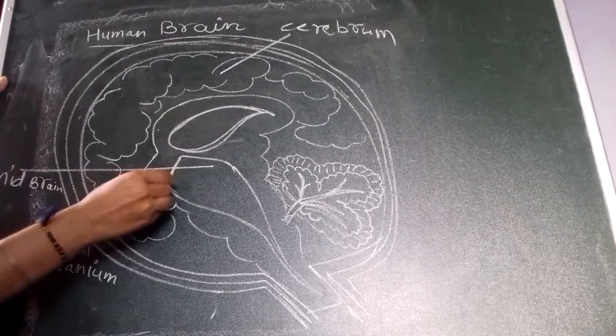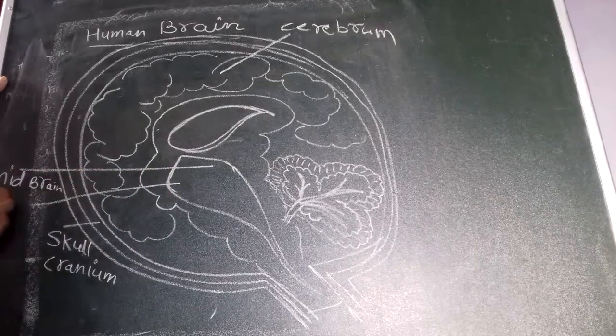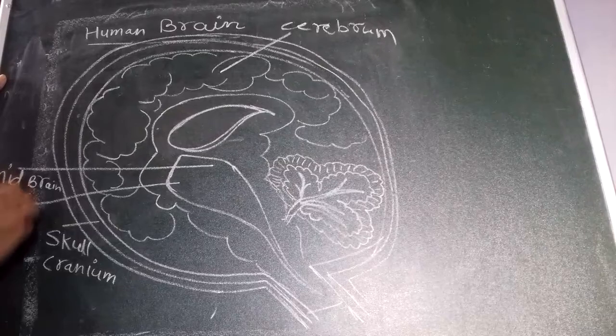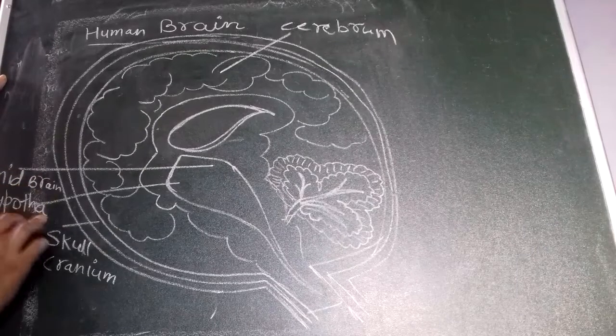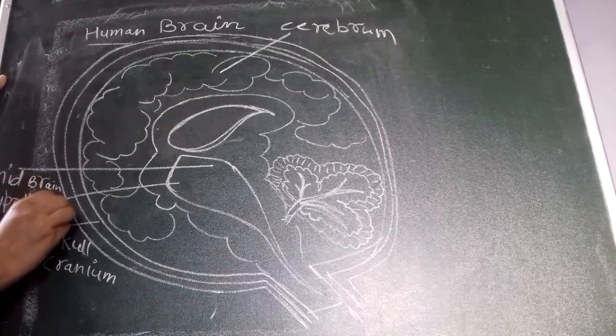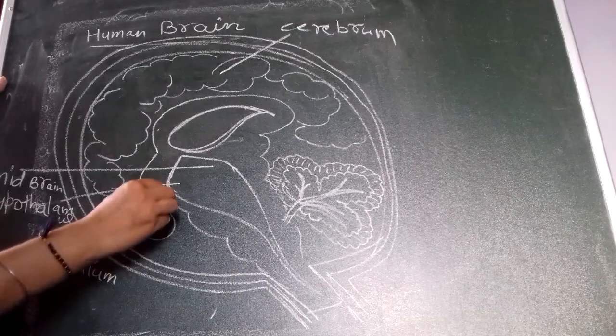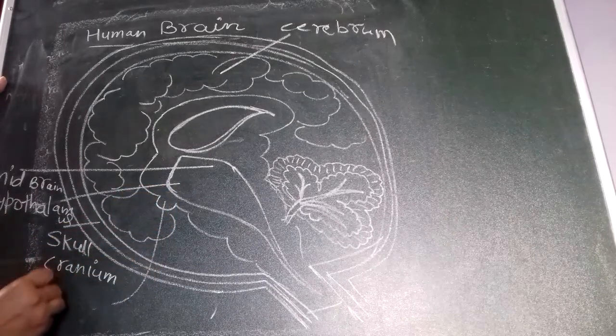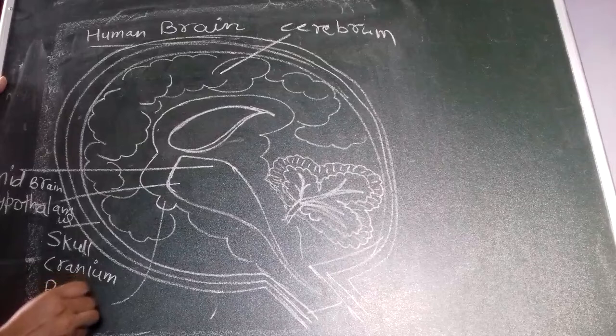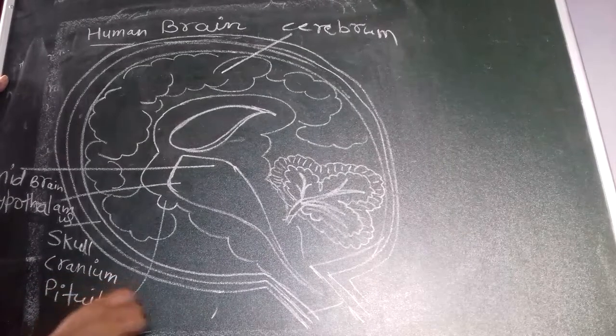And the lower part is the hypothalamus. We will write it here, hypothalamus. Now this pea-like shape will be known as the pituitary gland, the master gland, pituitary gland.